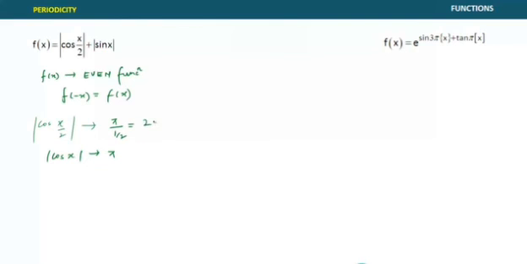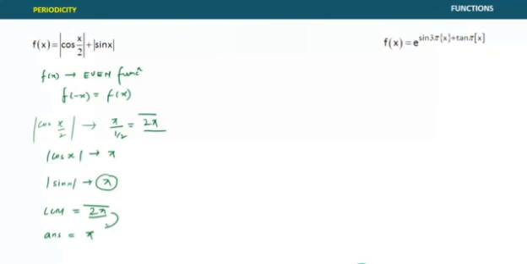So the answer then becomes 2 pi. So the period of this is nothing but 2 pi. Now what about modulus sin x? Modulus sin x has period pi. So now you have two answers, 2 pi and pi. Their LCM is 2 pi, right? But since this is an even function, you will generally say, sir, the answer is not 2 pi, but the answer is pi.